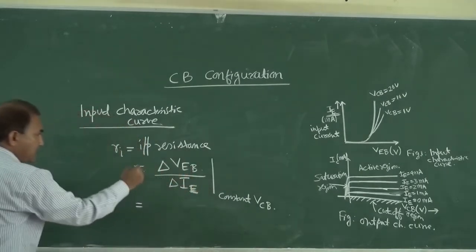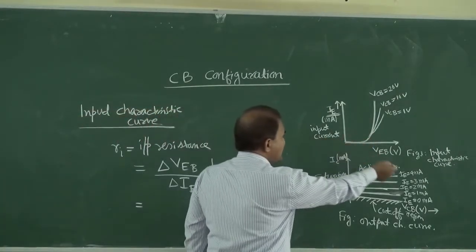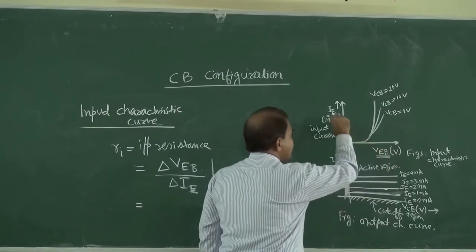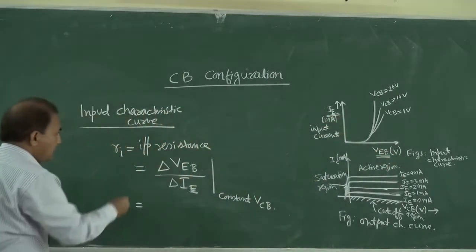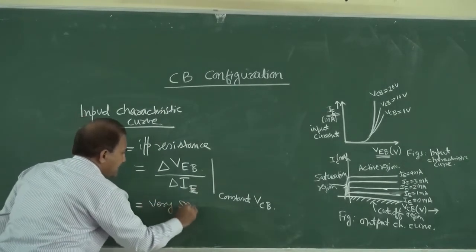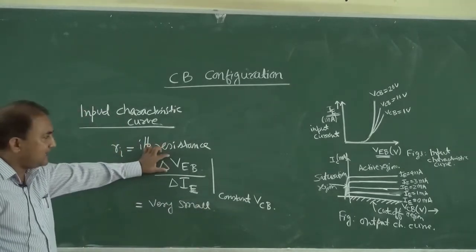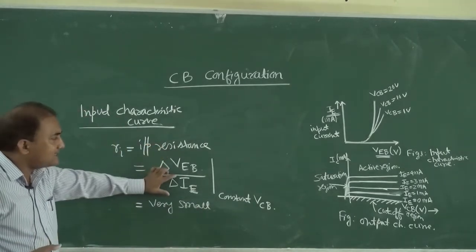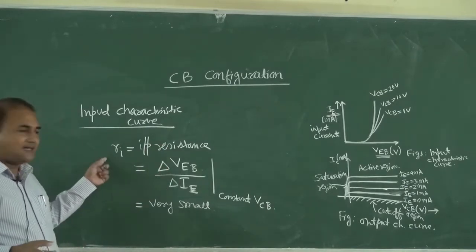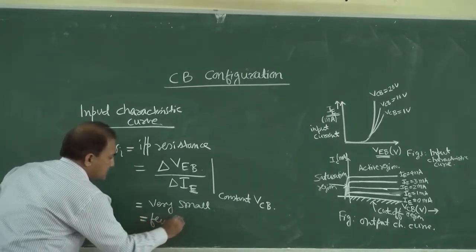So Ri is very small, because for a very small change in VEB we are getting a large change in IE. That is why Ri is very small and is in the range of a few ohms.